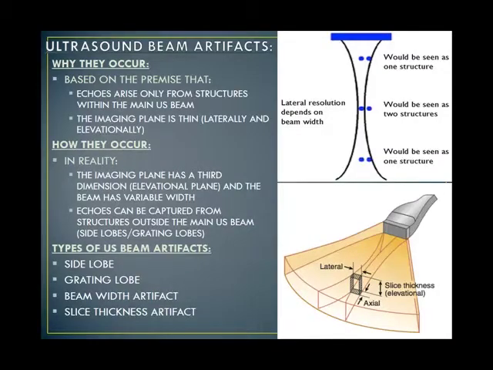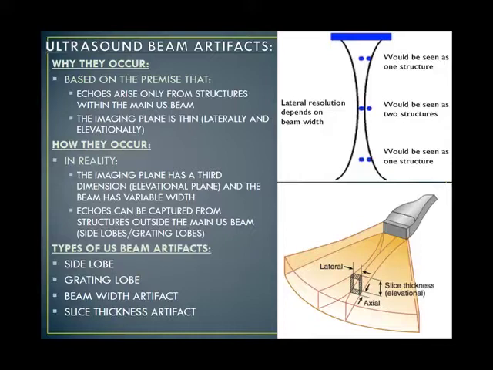So the first category, ultrasound beam artifacts. These occur because of 2 premises: echoes only arise from structures within the main ultrasound beam, and the imaging plane is thin. So here is our ultrasound beam. And as we can see, it's got height, and it's got width, and it's got length.